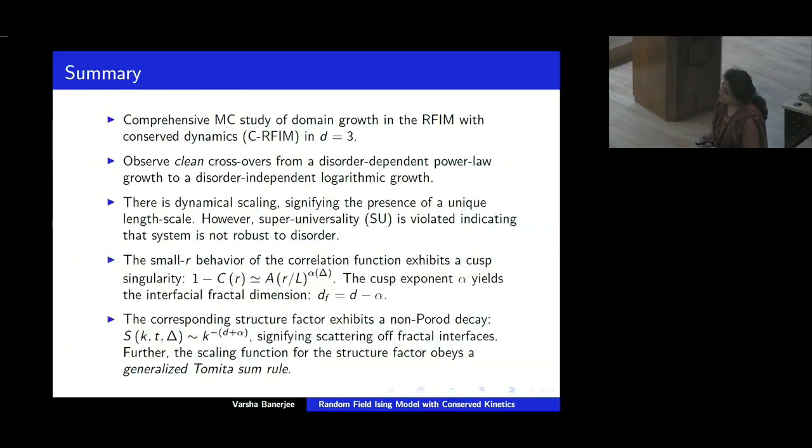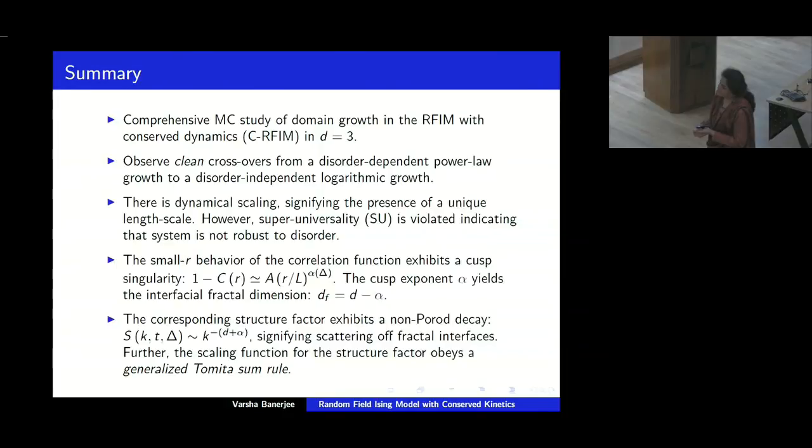And the corresponding structure factor, so if this happens in the small r region, it gets reflected in the tail of the structure factor. So the structure factor exhibits a non-Porod decay. That's the form of the structure factor that one usually sees, and that's what is measured in experiments. And that's a signature of scattering from fractal interfaces.